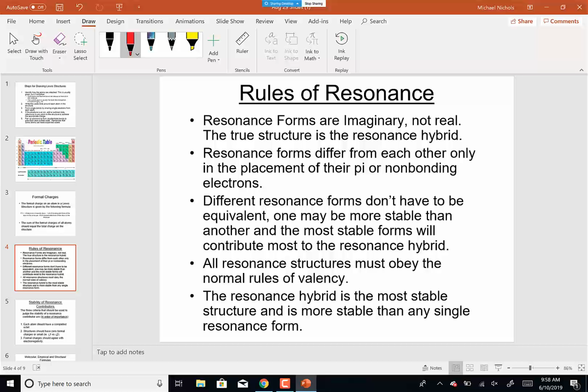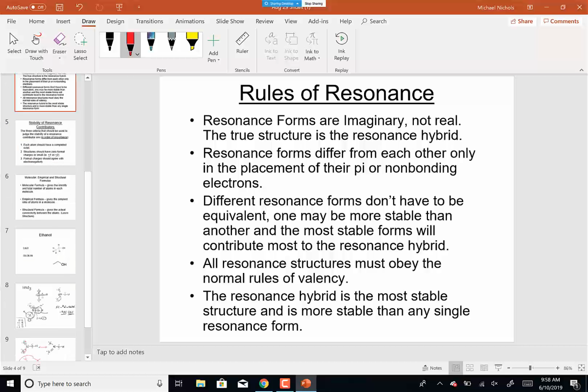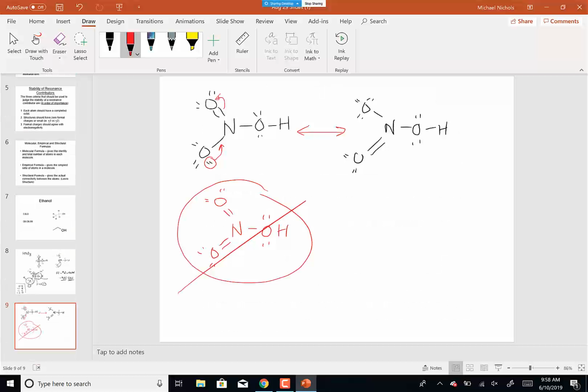Resonance forms are imaginary and not real. So if we go back to our nitric acid example, what is the real structure of nitric acid? It is not A, it is not B. It is not the left-hand structure, it is not the right-hand structure.